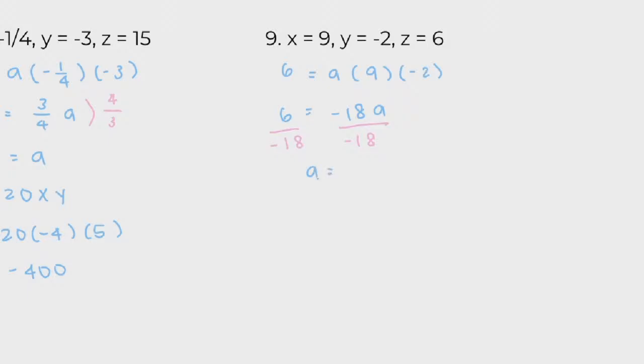So we get a equals negative 1/3. So the equation is going to be z equals negative 1/3 xy. And then we're going to plug in negative 4 for x and 5 for y. So we get 20/3.